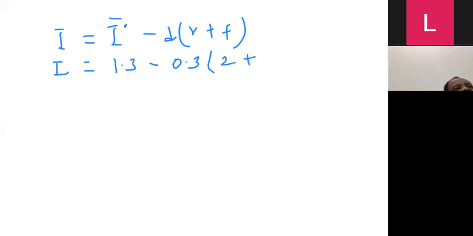So we have 1.3 minus 0.3 into brackets 2 plus 1, and that gives you 0.4. Great.